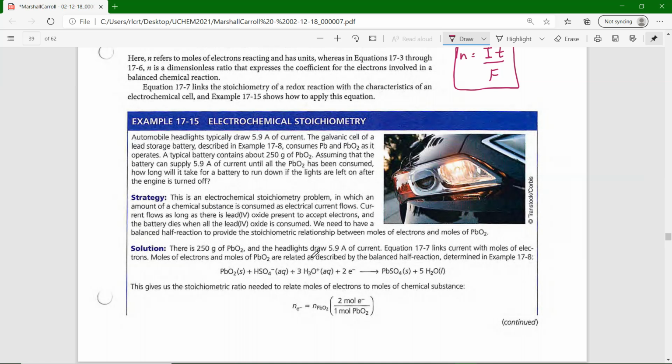Assume that the battery can supply 5.9 amps until all the lead oxides can be consumed. How long will it take for a battery to run down if the lights are left on after the engine is turned off, so there's no recharging happening here. Okay, so 250 grams of lead oxide. I can get the molar mass of lead oxide to get the moles. And in my equation for the batteries, I see every mole of lead oxide is going to need 2 moles of electrons.